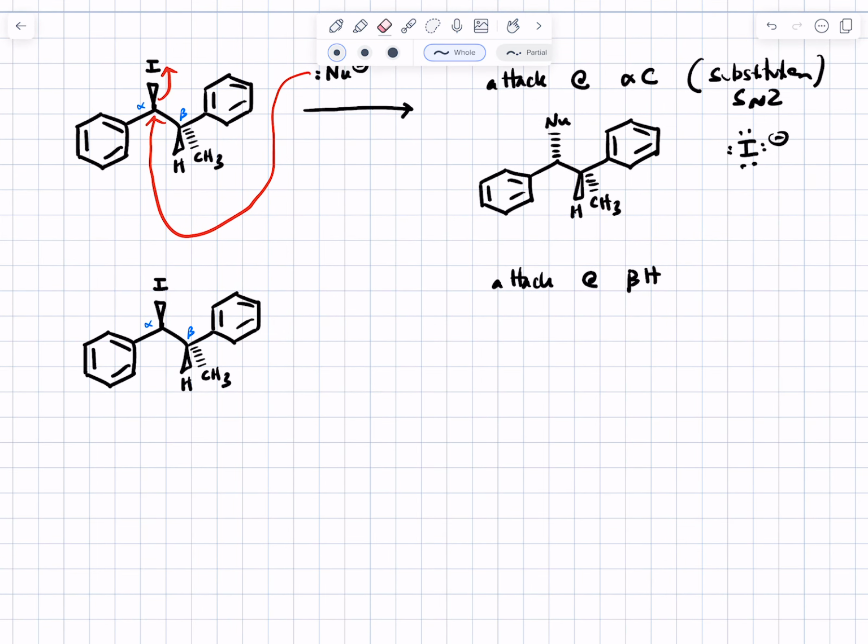Before we draw the product, we need to confirm that the beta hydrogen is anti to the leaving group. Is that currently anti to the leaving group? No? Okay. So then what? How would I rearrange things? The other question we want to ask is, is it possible through rotation around carbon-carbon bonds to get that beta hydrogen anti to the leaving group?